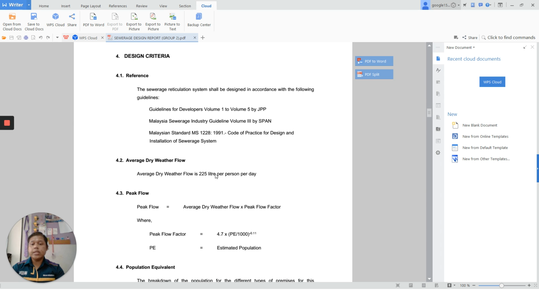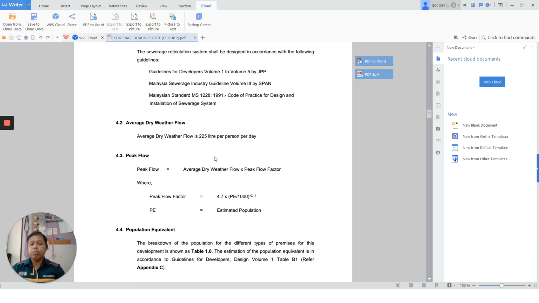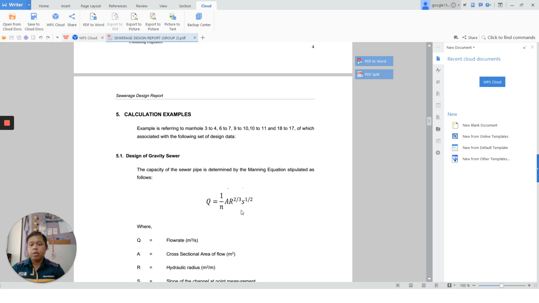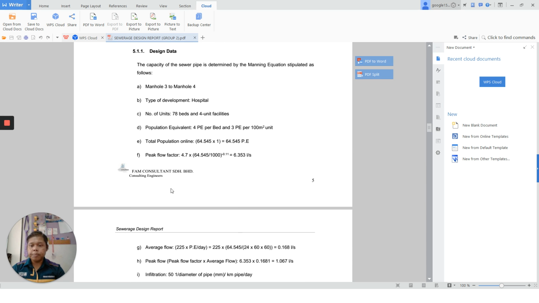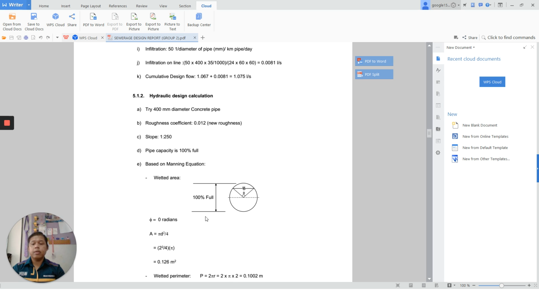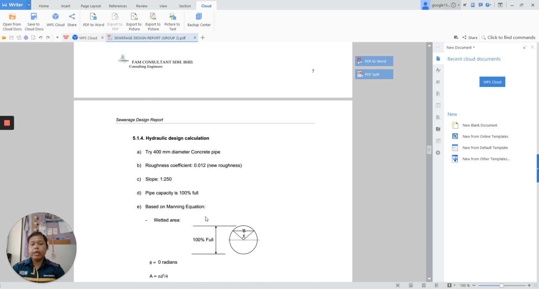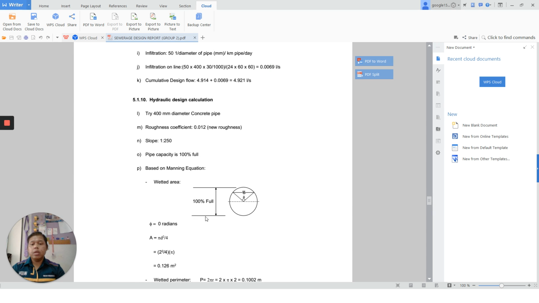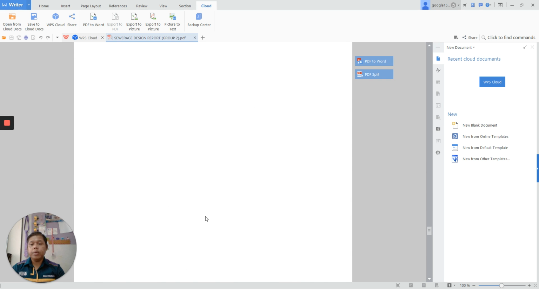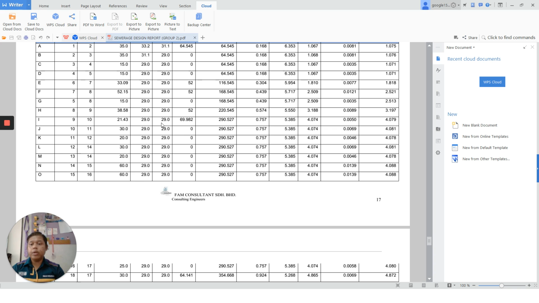Okay, and then this is the design criteria, which are the parameters that we have to calculate here. Give some calculation examples here. You need only one sample for the calculation, and then we have to attach the spreadsheet that we use.